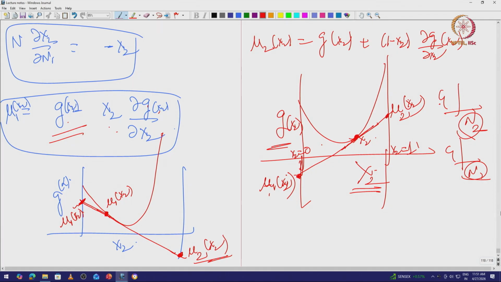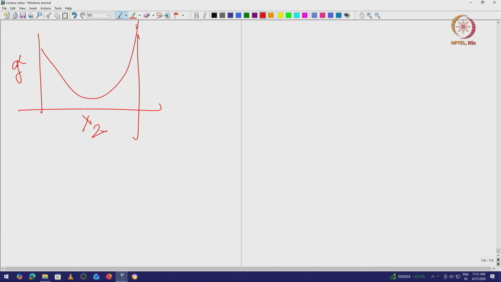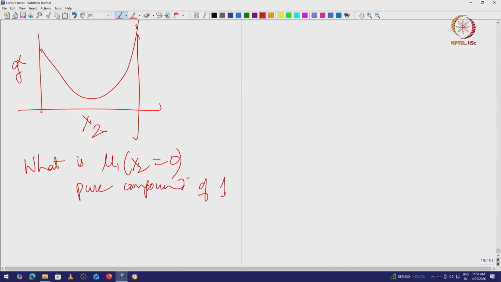Now why are we going through all this pain? Let us go back to this g versus x2, g of alpha versus x2. Now I ask you the question, what is mu1 when x2 equal to 0? x2 equal to 0 means it is a pure compound, it is not contaminated. So pure compound of 1.